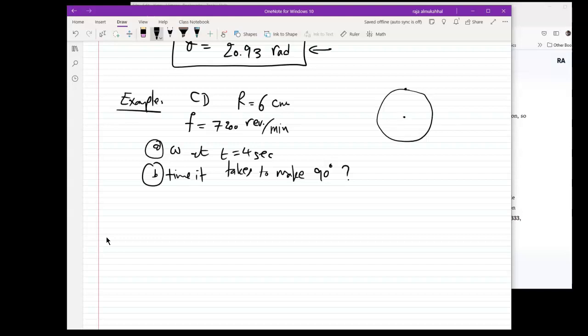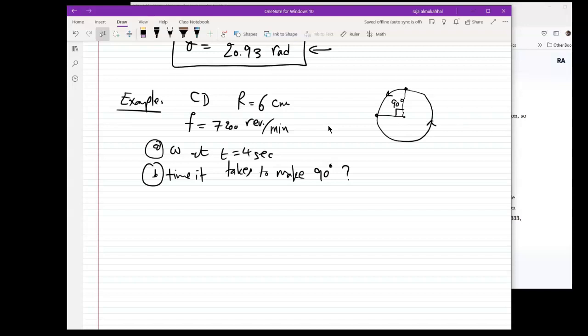Now the CD starts to spin. The spin rate is 7,200 RPM. So how long will it take this point to go from here all the way to here, 90 degrees, if it's spinning in this direction?